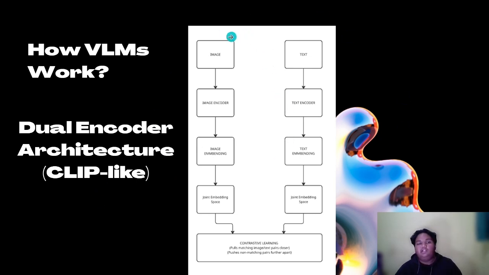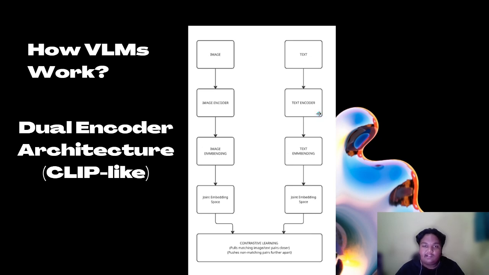As we can see in this diagram, there is an image and text. Let me explain the image encoder first. The function of the image encoder is to turn the image into numbers that represent the visual features of the image.